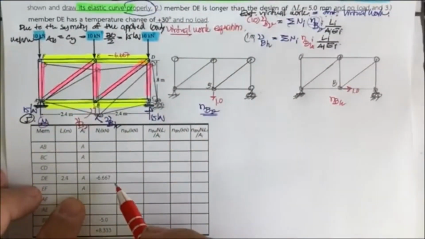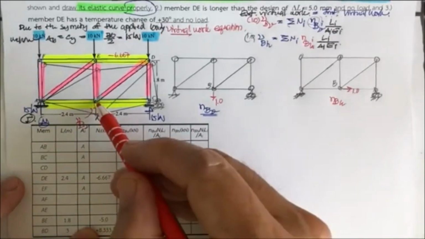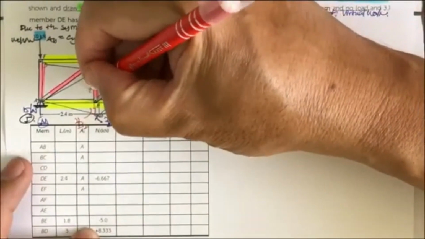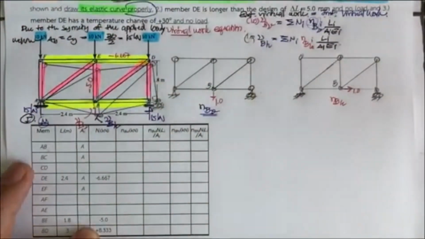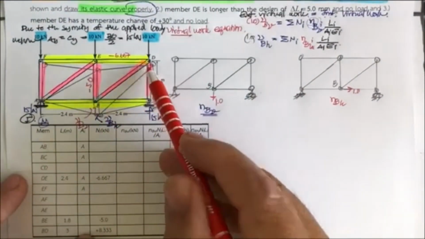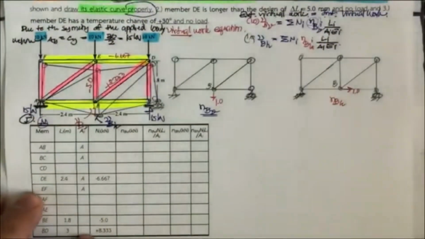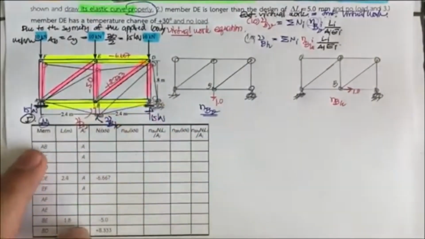And it also had BE. What is BE? BE is here. BE is minus 5.0. They give us that already. And next is BD, which is plus 8.333.